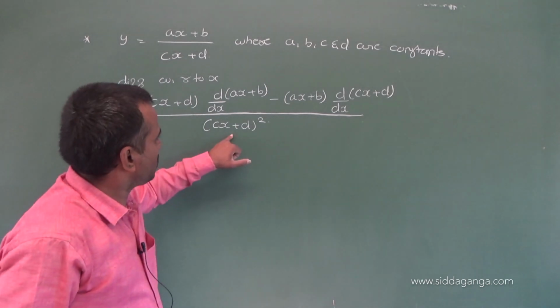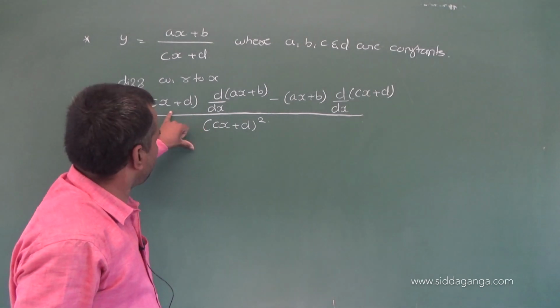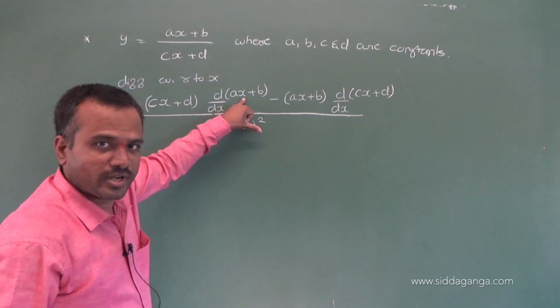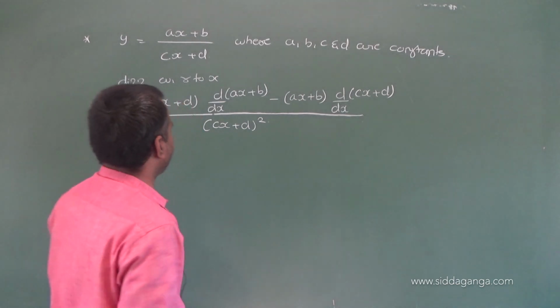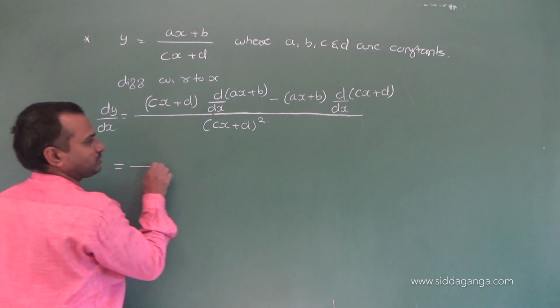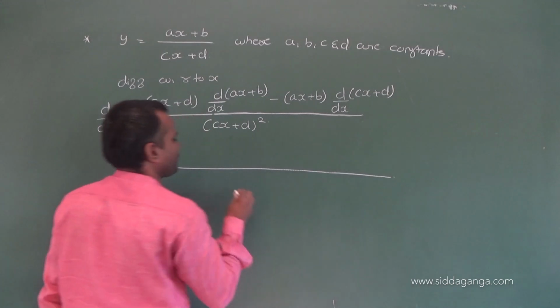Correct? Denominator square, denominator into derivative of numerator minus numerator into derivative of what? Denominator.